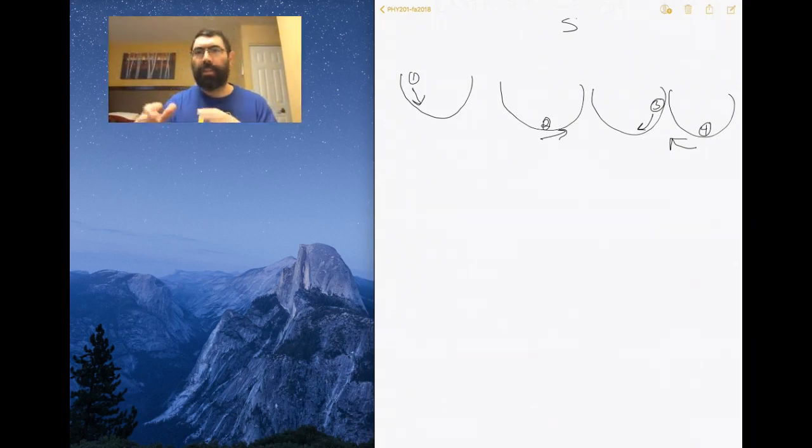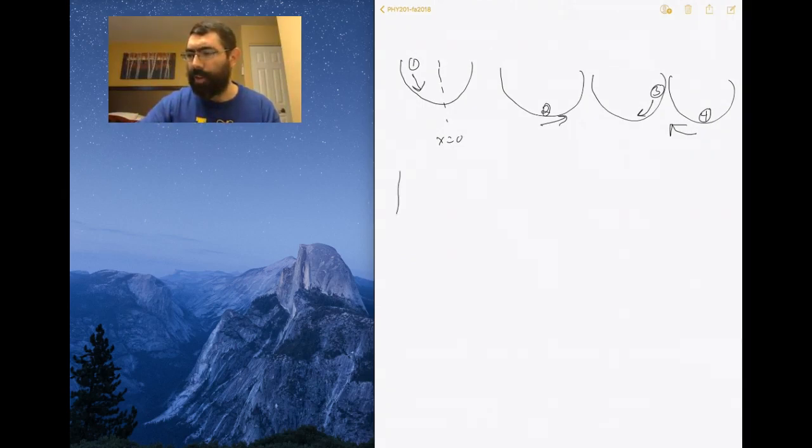So the interesting thing is that this example of a ball rolling in a bowl has two directions of motion. It's moving up and down in the y direction, but it's also moving in the x direction. So if we just measure the x direction, then what we would find, if we call the center of the bowl x equals 0, is that it starts at some position, minus x max.